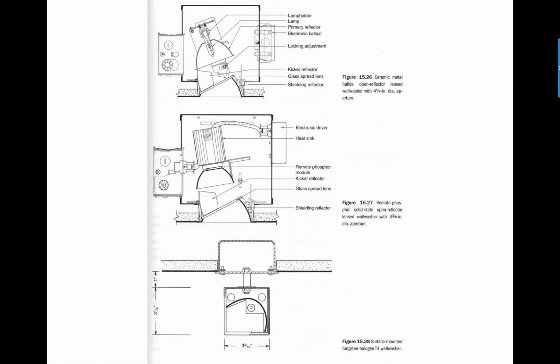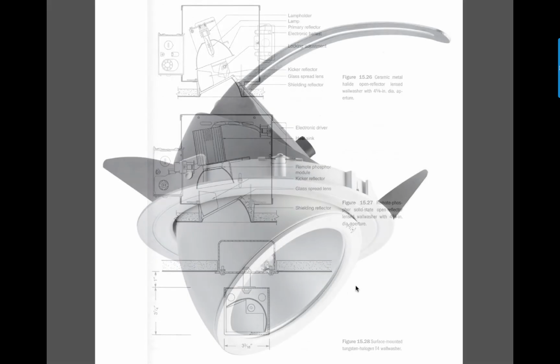And all these fixtures can be made to fit in with a sort of recessed can grid on a ceiling. These are all aperture type of fixtures, which you can get to match. But there's this whole mechanism inside these that allows adjustability, or if they're mounted on a sort of pivot, you can also do that.